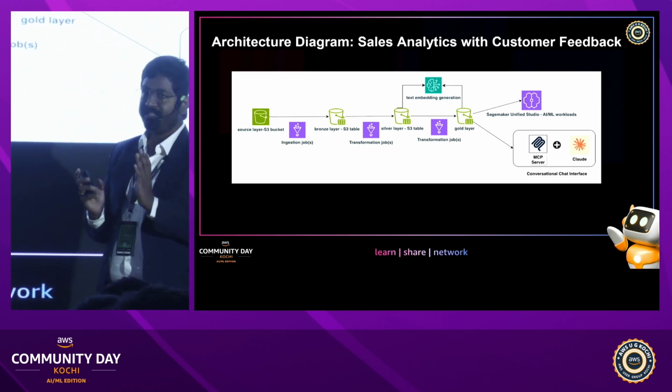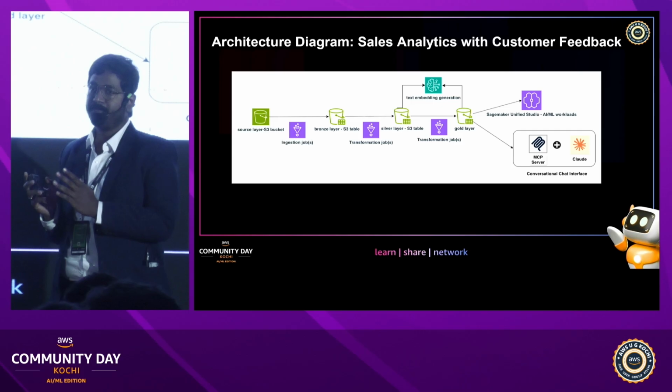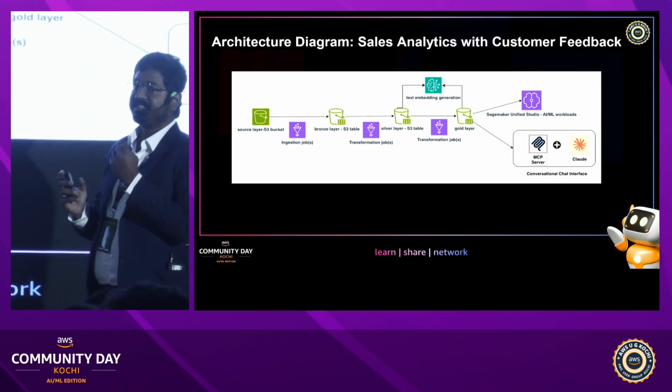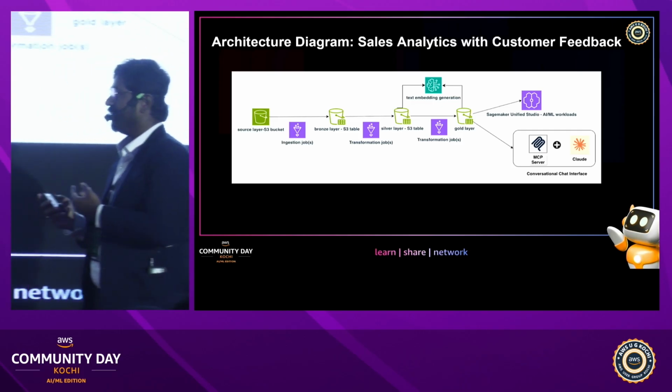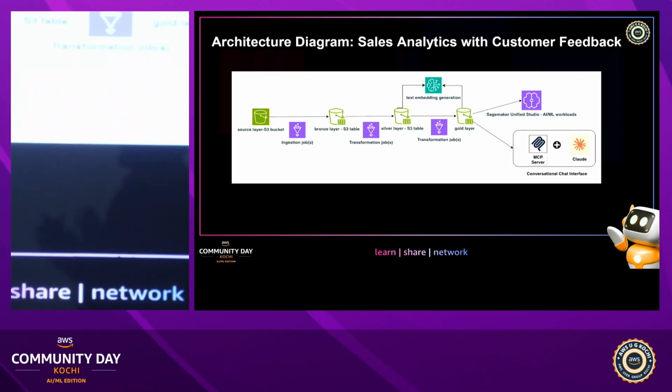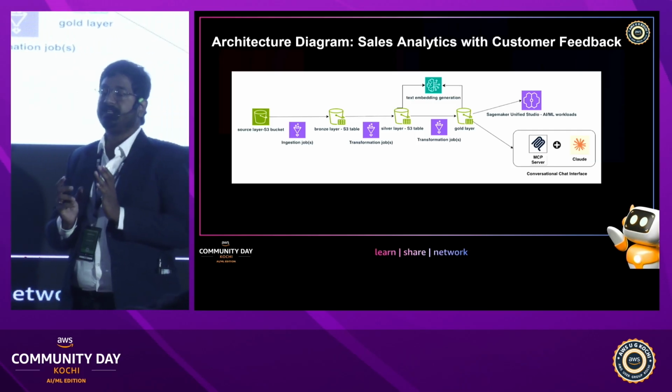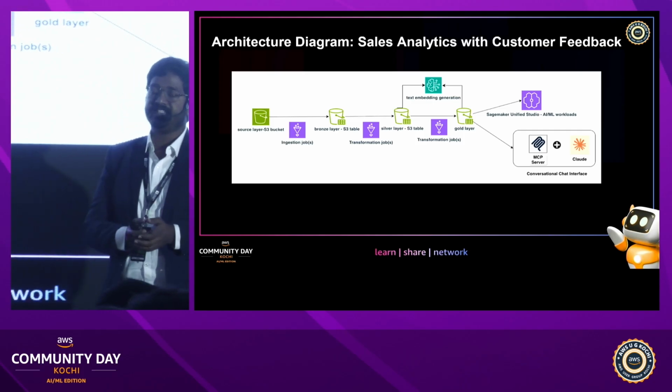In terms of the principle of the medallion architecture, the first layer we need is a landing layer. For this use case, we have used an S3 bucket as the data lake, or the landing zone.